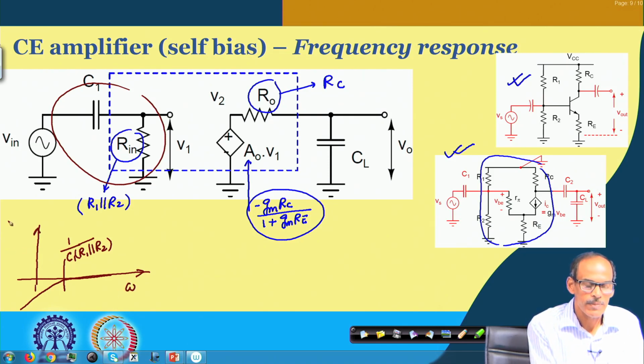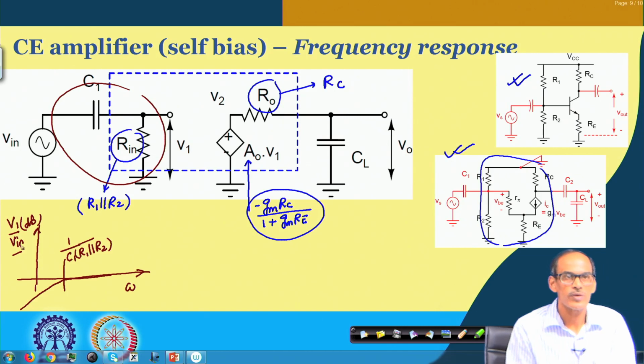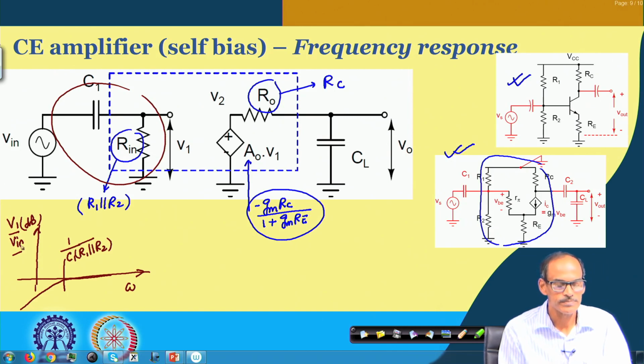So, this is basically V 1 by V in in decibel. That means we have to take the log of this ratio and then multiply by 20.